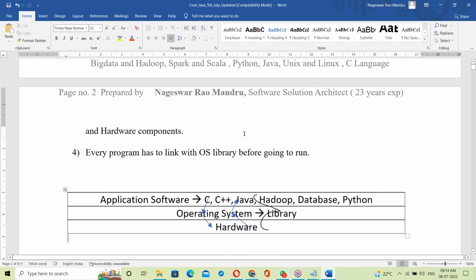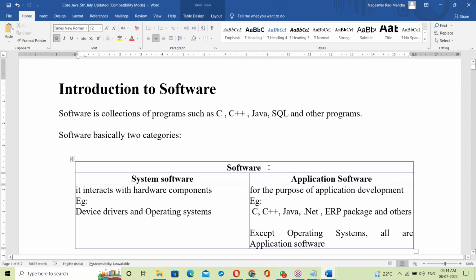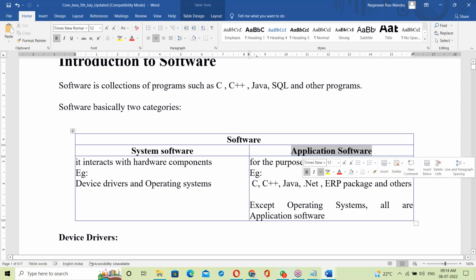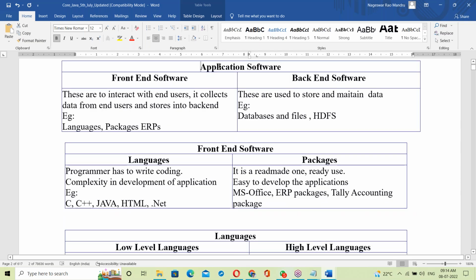Java is application software. Java is a software, and software is divided into system software and application software. Java comes under application software.